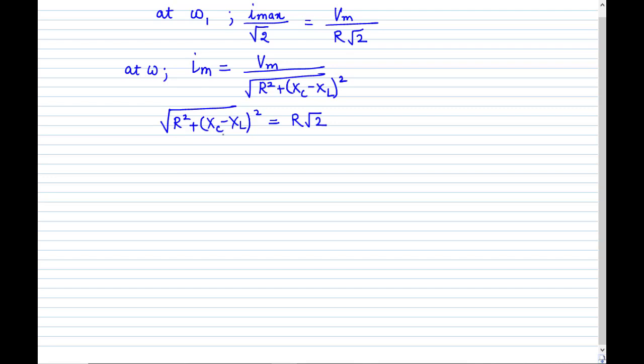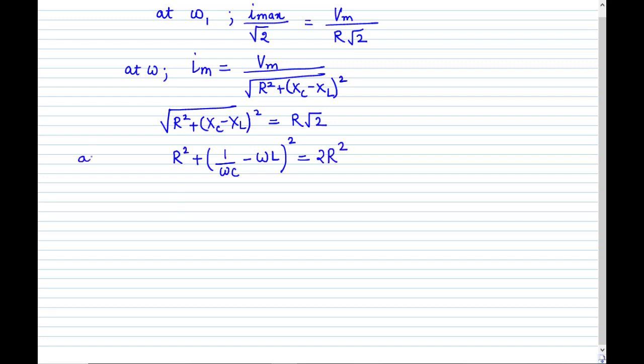So under root R square plus Xc minus XL whole square is equal to R root 2. To remove the under root, we take the square. On squaring we get R square plus Xc, which is 1 upon omega C, minus omega L whole square is equal to 2R square.